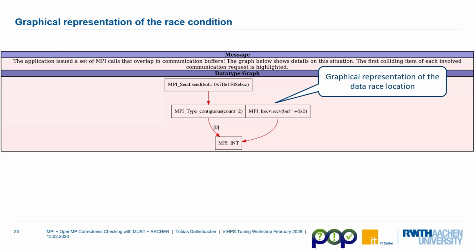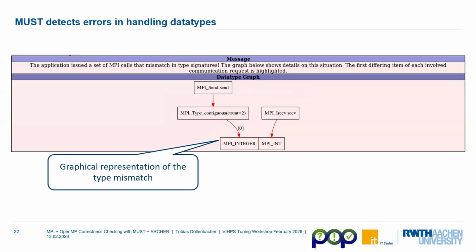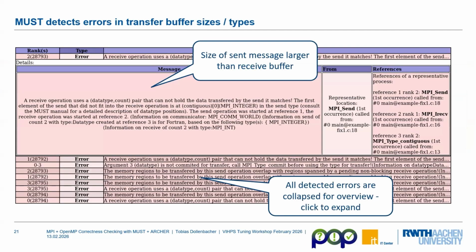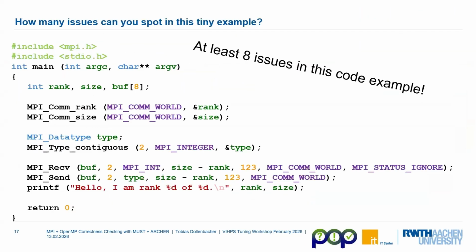But in this case, they have an offset of 0, so both buffer arguments are accessing the same element of the buffer. And if you go back to the original code, to the initial example, right?